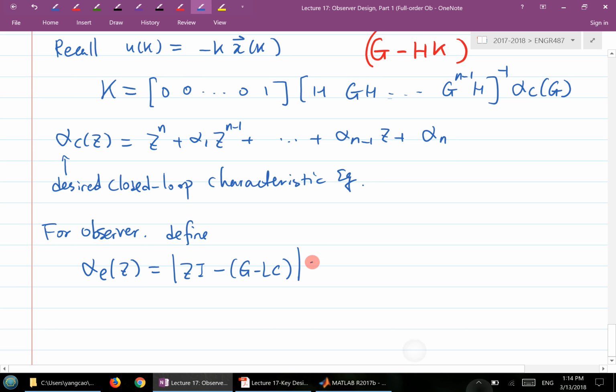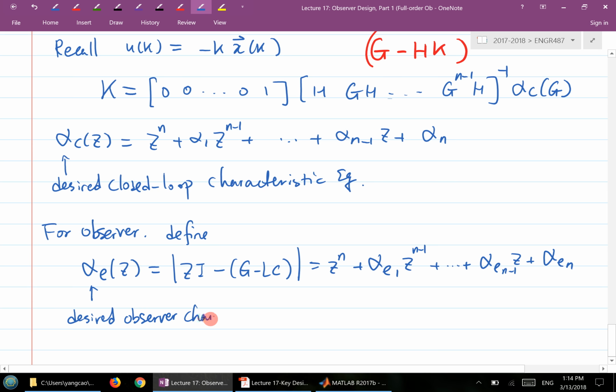I'm going to define this as alpha E1, alpha E, call this n minus 1, and alpha En. So this one is called the desired observer characteristic equation.